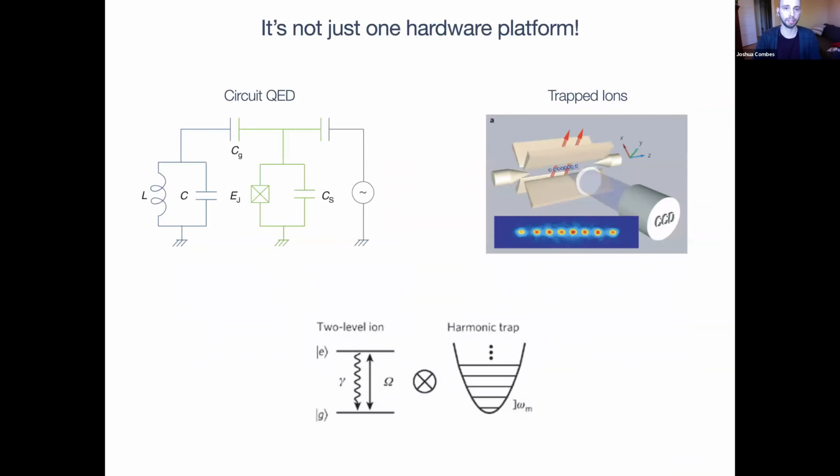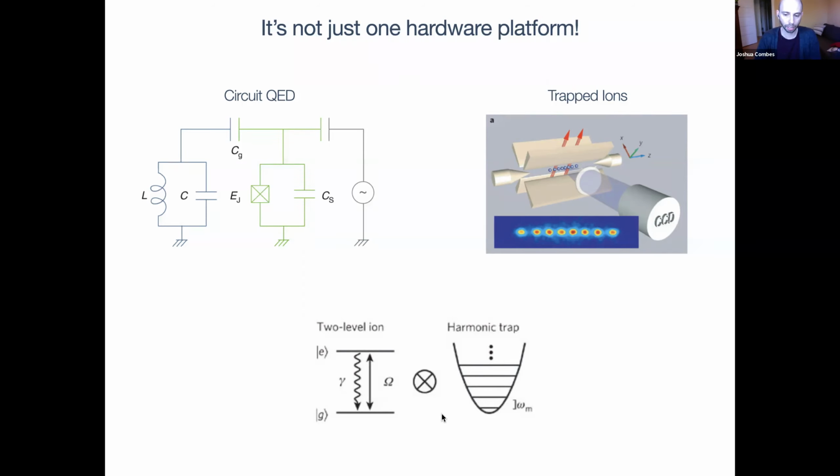The first reason is it's not just one hardware platform. Traditionally, for many qubit platforms, you typically have something like this down the bottom here. You have a 2-level atom coupled to some harmonic oscillator, and you either use the harmonic oscillator to read out the state of the 2-level atom or to help perform operations on it.